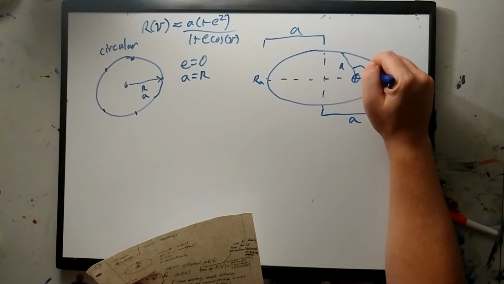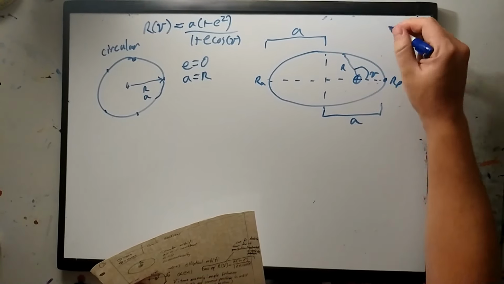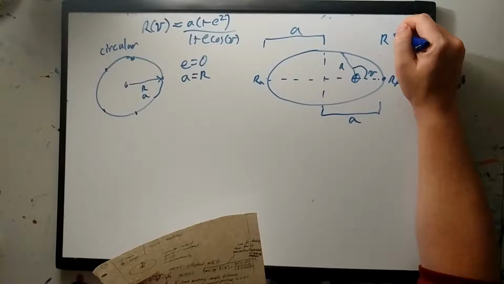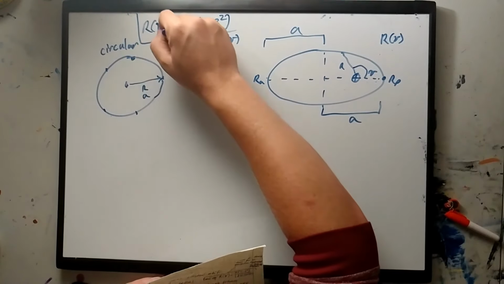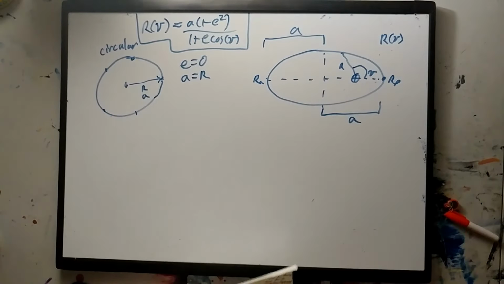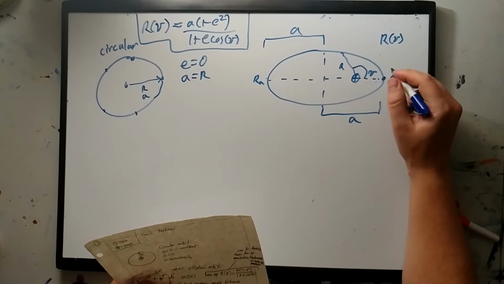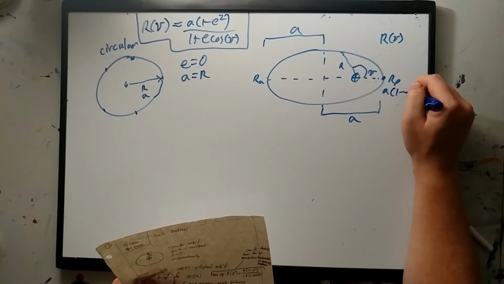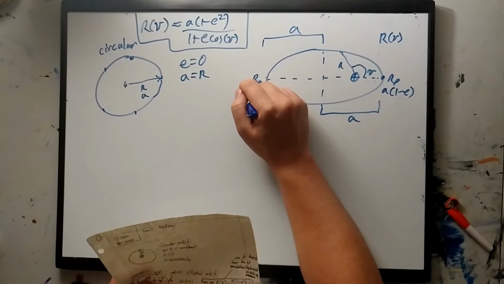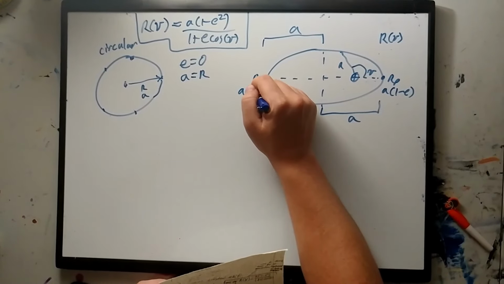For our elliptical orbit, r is a function of nu, r of nu, and that is equal to our solved two-body equation right there. The periapsis is a times 1 minus e. The apoapsis is a times 1 plus e.